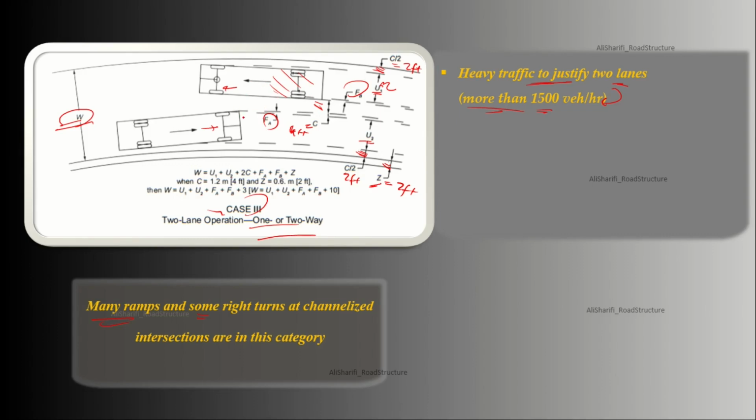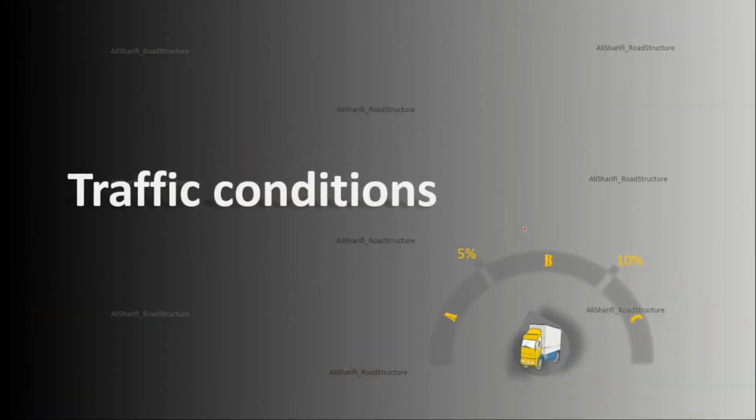Since turning roadways normally accommodate more than one type of vehicle, the Green Book introduces three logical traffic conditions based on the proportion of trucks in turning traffic.